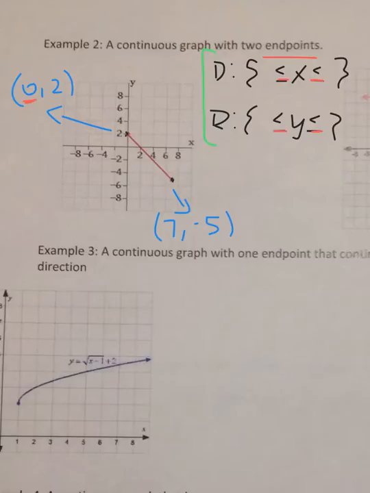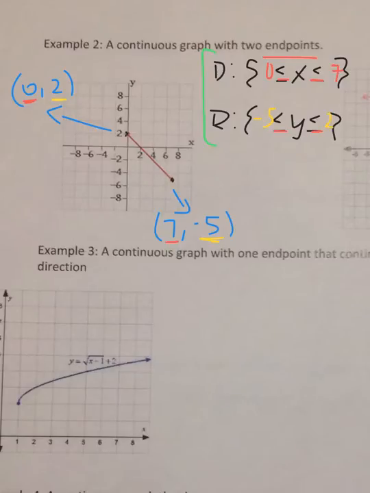Domain is the x, so we're going to look at our x values. The smallest x value between the 0 and the 7 is the 0, and then the largest is the 7. And then if we do the same thing with the range, the smallest is negative 5, and the largest is 2.